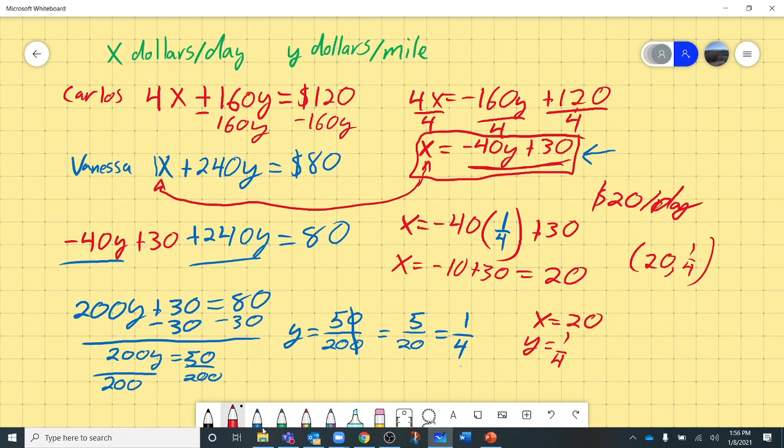And then it costs them $0.25, or 25 cents, per mile. So $20 per day and $0.25 per mile. Also, we should find this place because I don't think there's anywhere that is this cheap. All right, that's it for this one.